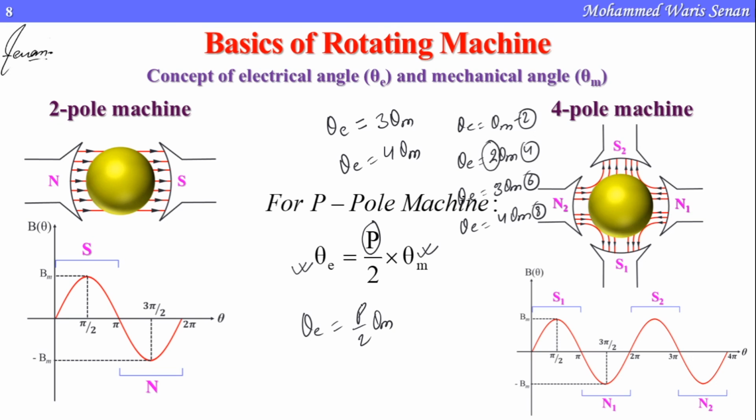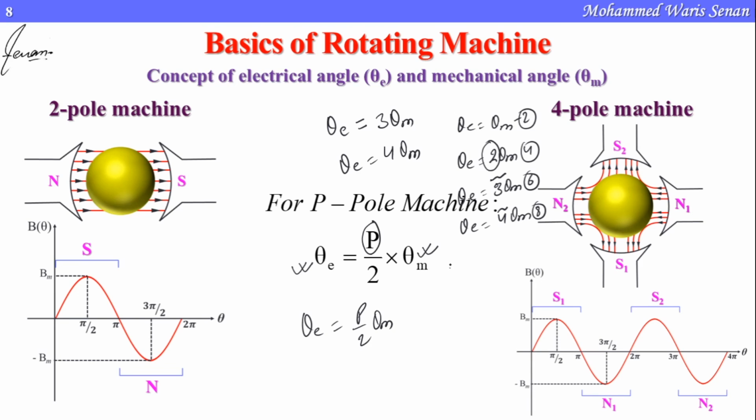We can verify this result for 2 pole and 4 pole. We have already verified it for 2 pole and 4 pole machines. You can verify for 6 pole and 8 pole machines also. For an 8 pole machine, for one rotation, you will be getting 4 cycles. So for one cycle, theta electrical is 2 pi.